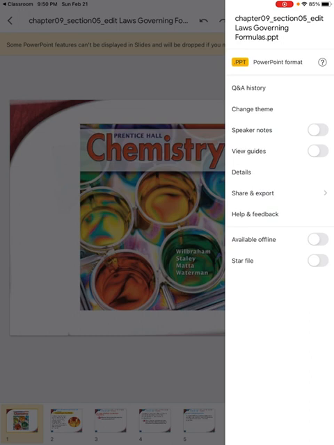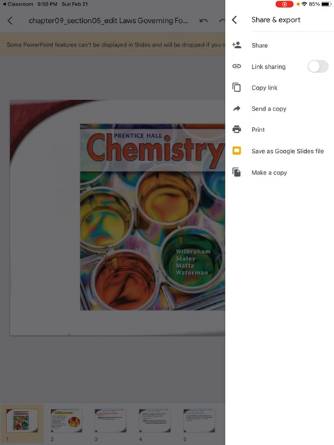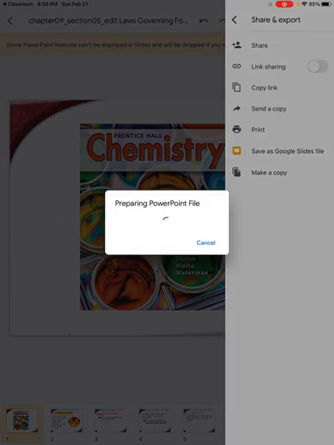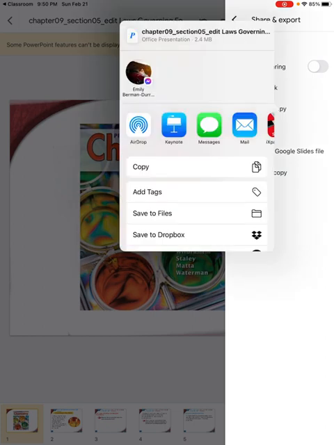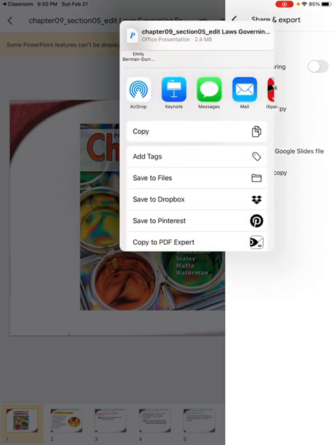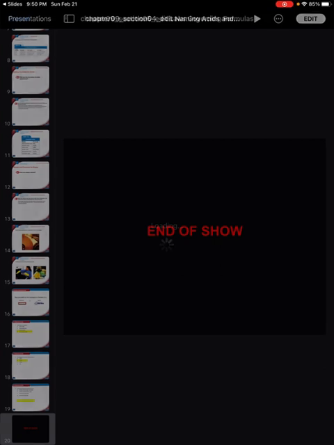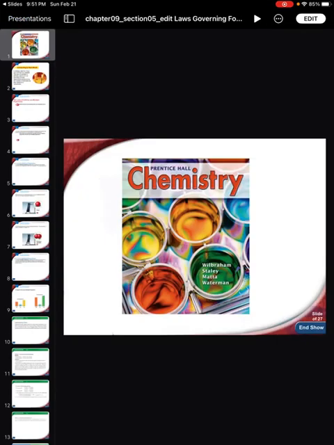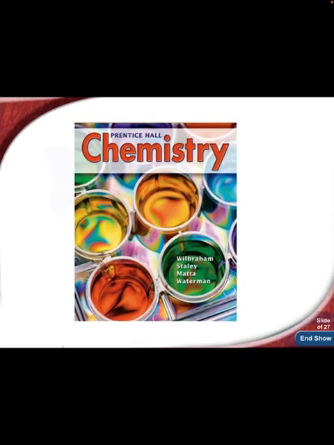I need to go to share and export after I open it up in a new window, and I need to send a copy of the file to my files, or in this case I can go straight to Keynote.